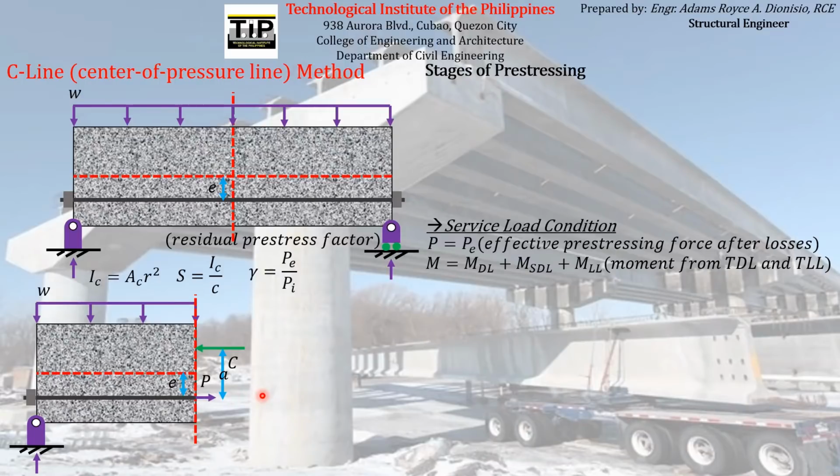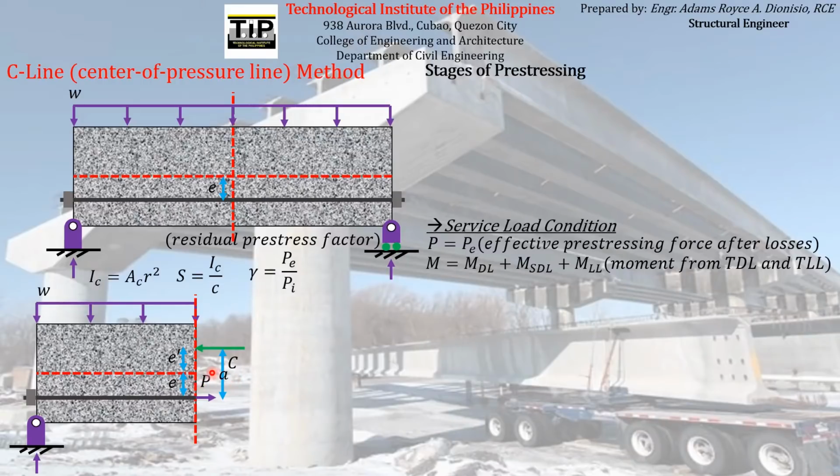And then let us say again that the location of the total compressive force C is at a distance E prime from the neutral axis or from the centroid of the cross section.